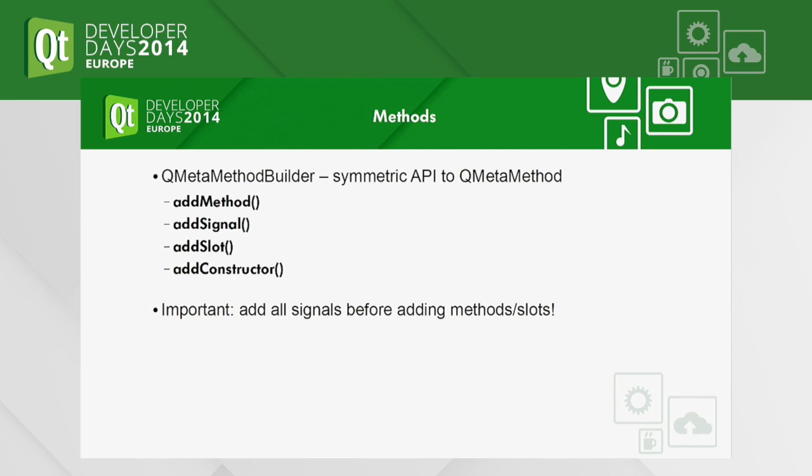So you have to do it exactly the way this needs to be done in order to work. And the most tricky pitfall here is you need to have a specific order based on the type of the methods you're adding. And that means all signals have to go in first, and then everything else.